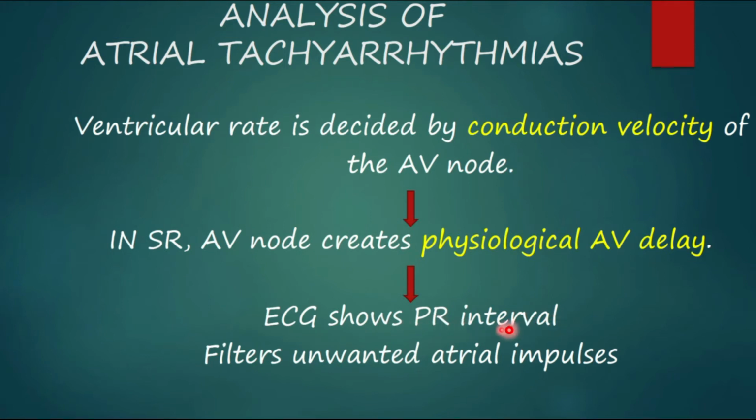Because of this physiological AV delay, AV node can filter unwanted atrial impulses as well. Therefore, this physiological AV delay protects ventricles from unwanted atrial impulses.